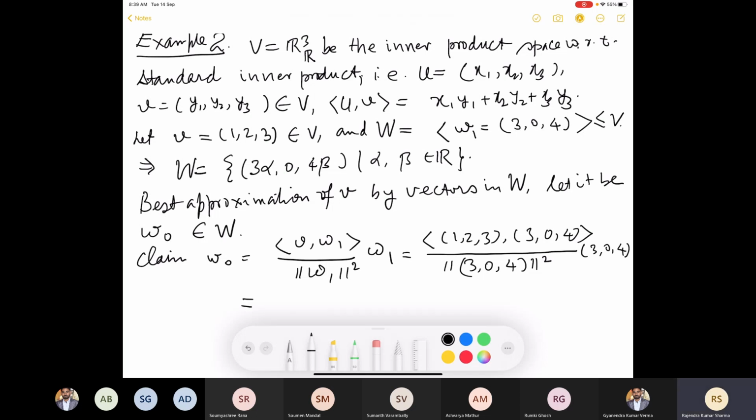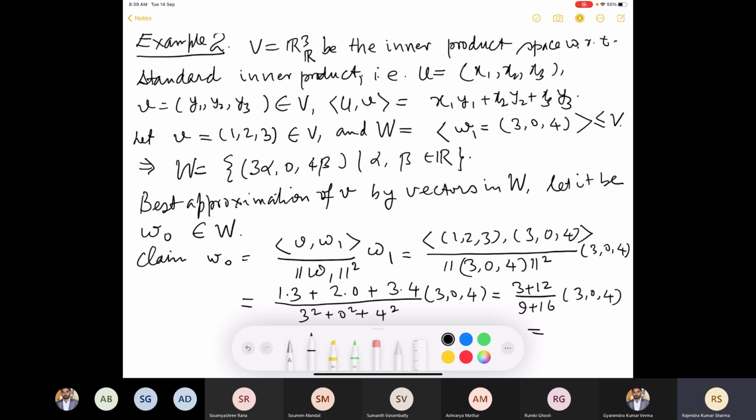Now you can see, standard inner product. So this is 1 into 3 plus 2 into 0 plus 3 into 4, divided by 3 square plus 0 square plus 4 square. This is the coefficient of 3, 0, 4. So this is 3 plus 12, because this is 0, and this is 9 plus 16. Now this is 15 and this is 25.